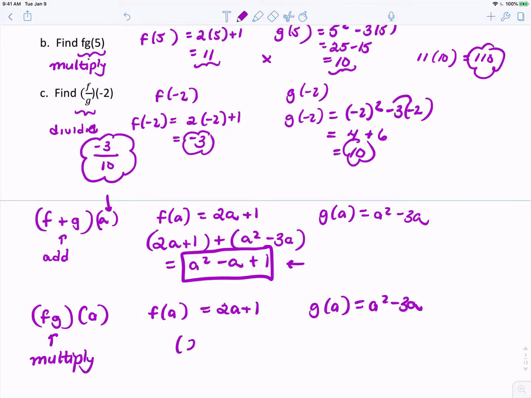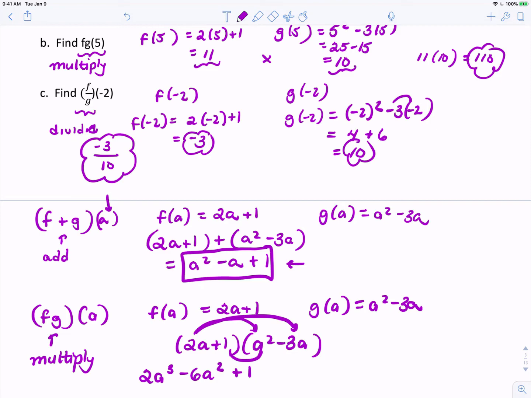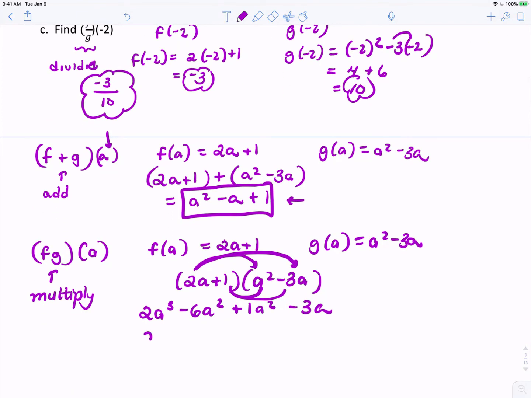So we would have 2a plus 1 multiplied by a squared minus 3a, and then we're going to simplify by distributing: 2a cubed minus 6a squared plus 1a squared minus 3a. If we simplify this, that would give us 2a cubed minus 5a squared minus 3a.